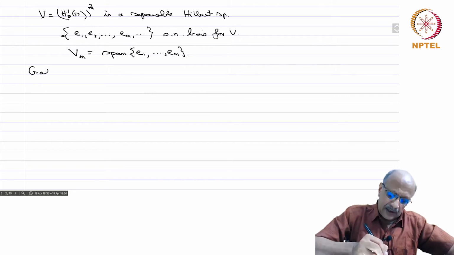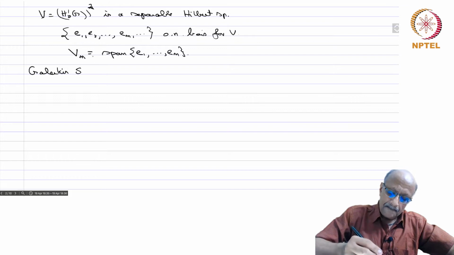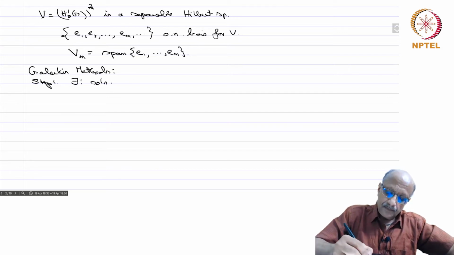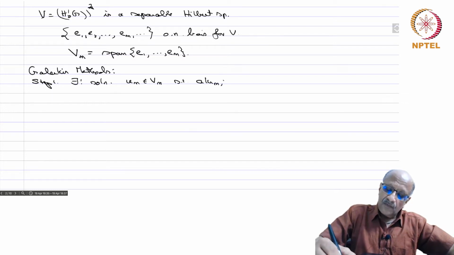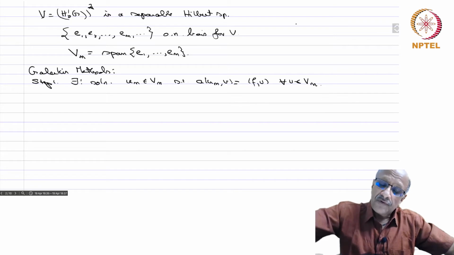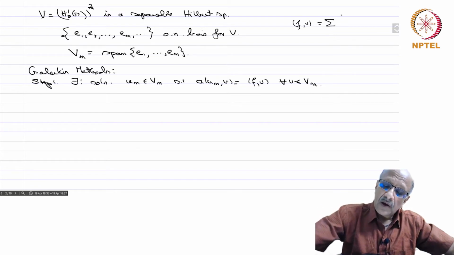The Galerkin method has the following stages. Step 1: there exists a unique solution um in Vm such that a(um, v) equals F(v) for every v in Vm, where F(v) is the sum of the integral, i equals 1 to 2, of Fi vi dx.